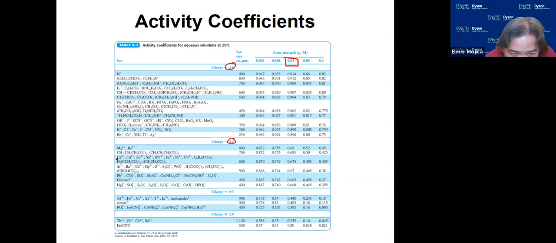So you have here the calcium. The corresponding value with that ionic strength is 0.675. So that's one way for you to determine the activity coefficient. That means you need this table with you.